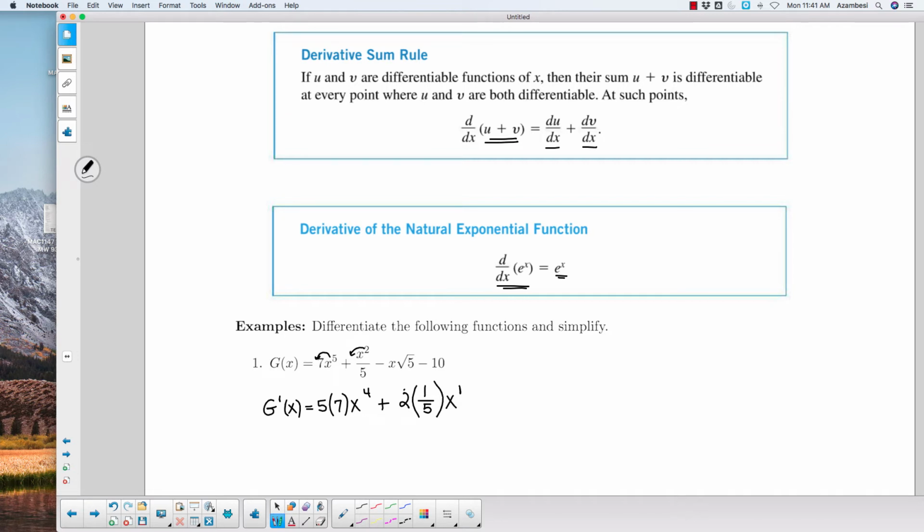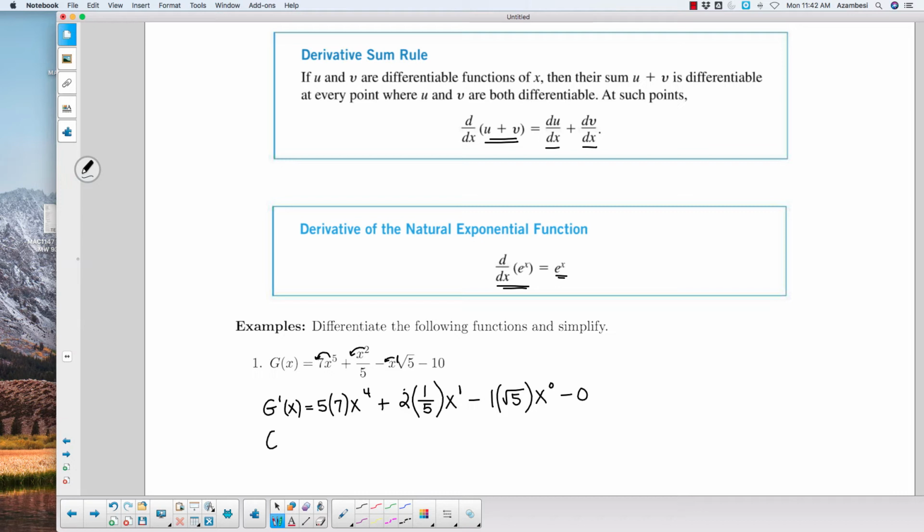All right, looking at this one, I have a first power to start with, so bringing that out to the front, and I'm going to reorder and put the square root of 5 out here. And we reduce our power by 1, gives us x to the 0 power. And this last part, I have a constant, so the derivative of a constant is just 0.